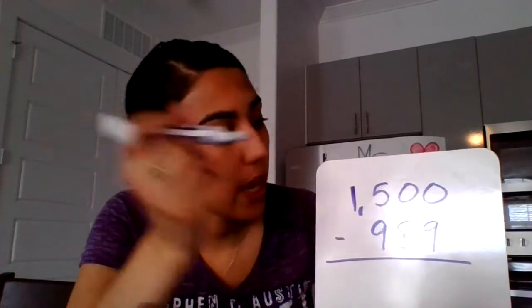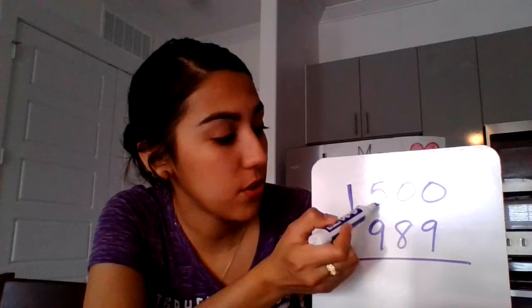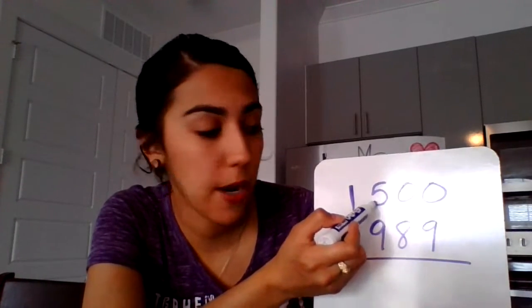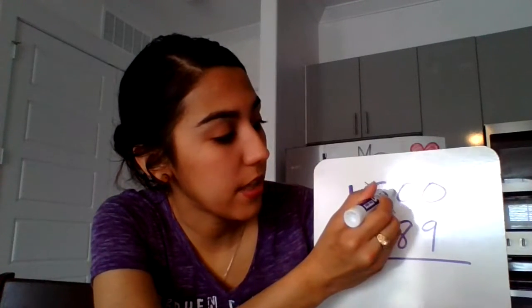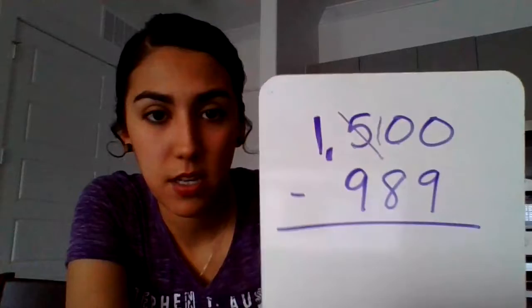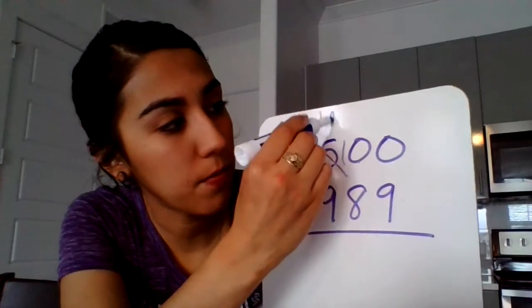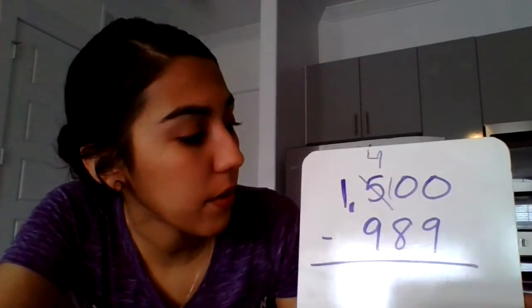We know we can't do that, so we have to go to our neighbor. Our neighbor doesn't have any either, so we're going to have to go to our next door neighbor. 5. The 5 has some to share. So the 5 is going to give us 1, and we're going to give it to that next door neighbor. That makes it a 10. You see that? And this becomes a 4.